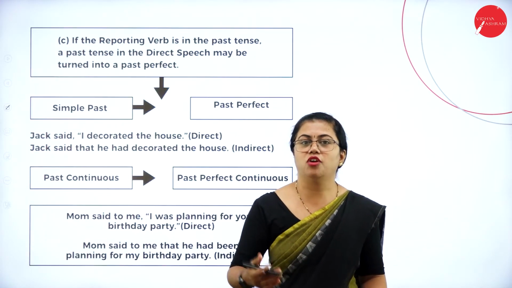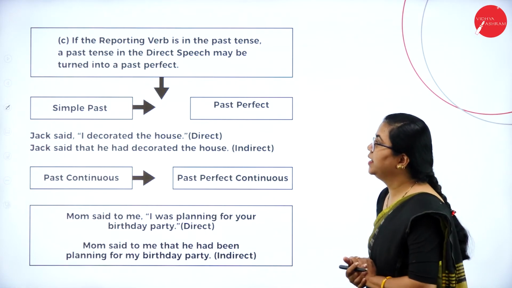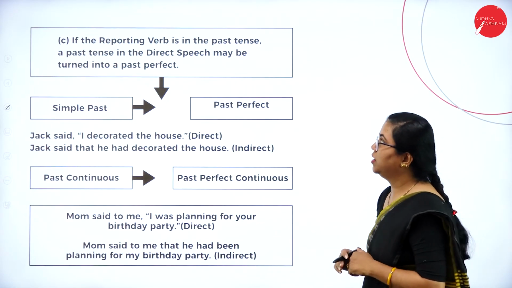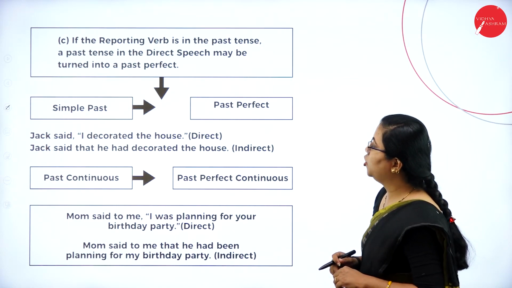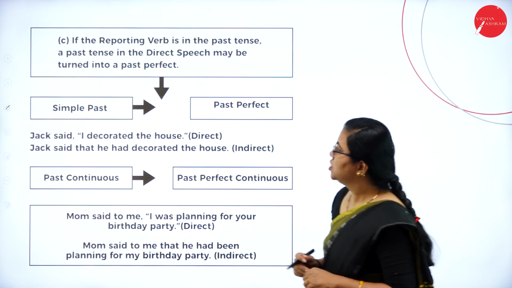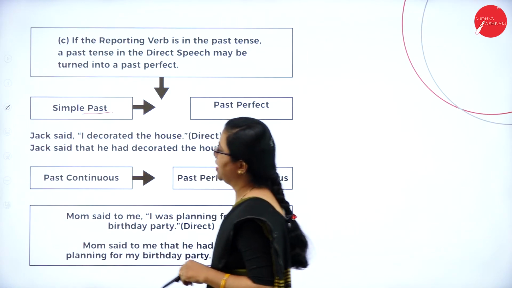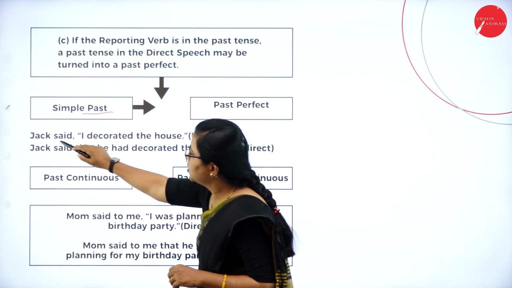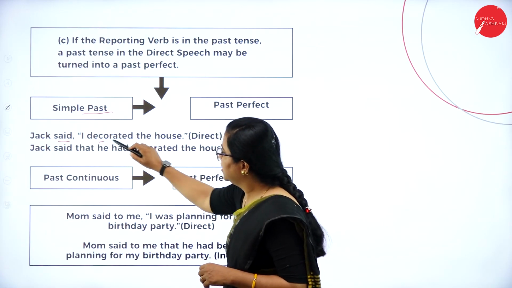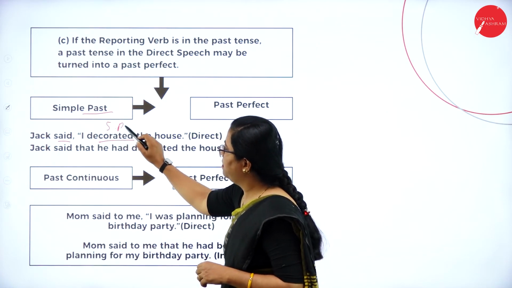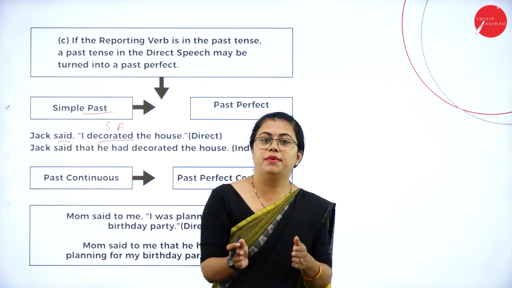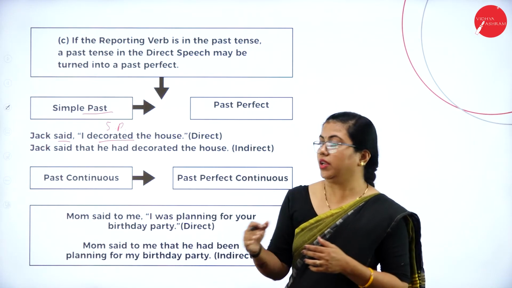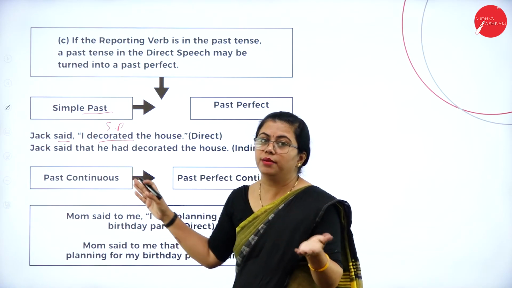Okay, so let us now move on to the next tense part. That is, if the reporting verb is in the past tense, then the direct speech may be turned into past perfect. Okay, so if it is already in simple past, this is already in simple past. Here, this also is in simple past. All this while we saw simple present, present continuous like this. Whatever is inside the inverted comma, we saw it in present tense.